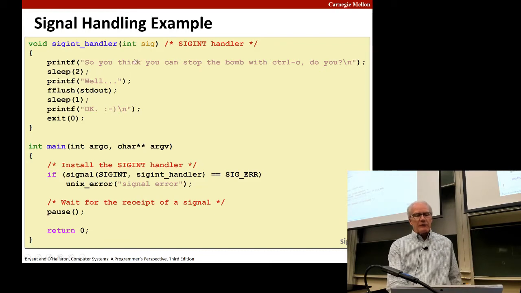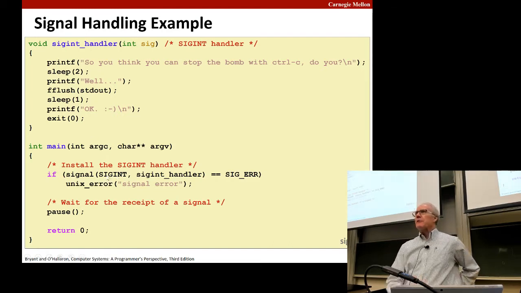But this is sort of a version of what the program did. So what happened then is you type Control-C, but before beginning the part of the program you saw, I'd installed a signal handler for SIGINT, which is this function.